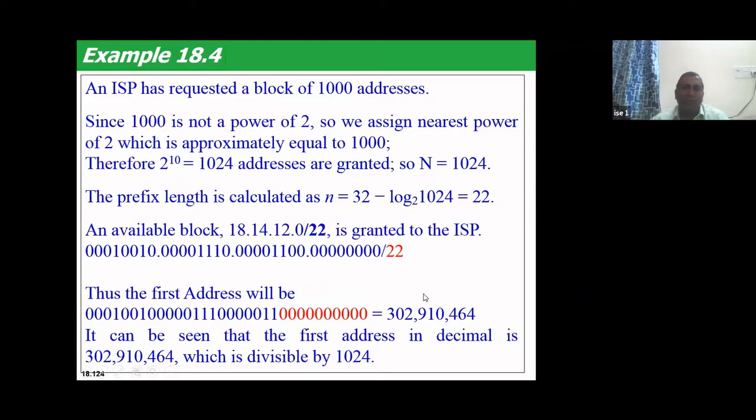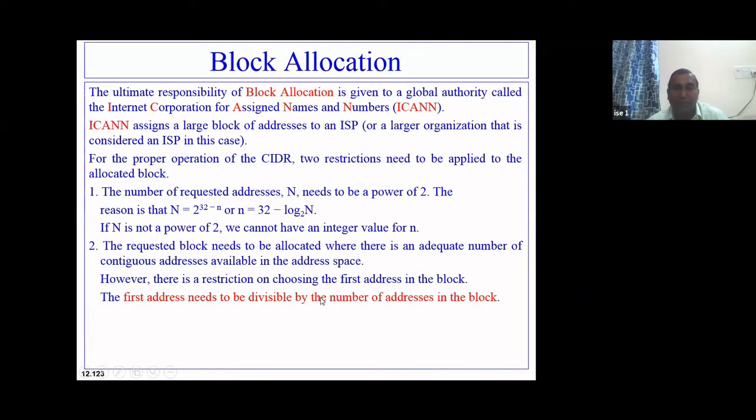And now I have a restriction that this first address should be divisible by the number of addresses in the block.